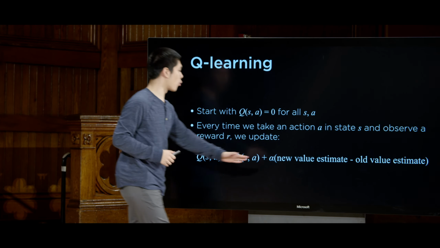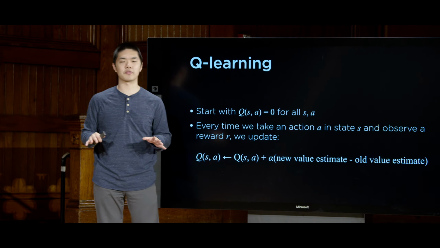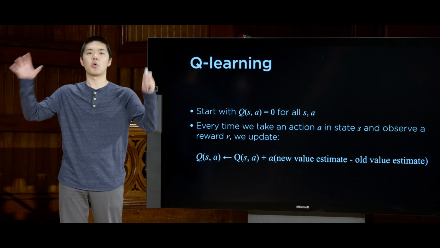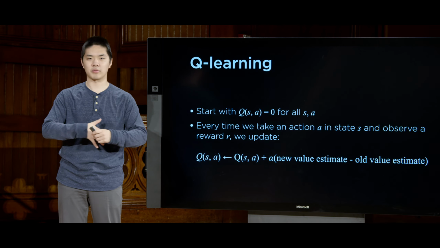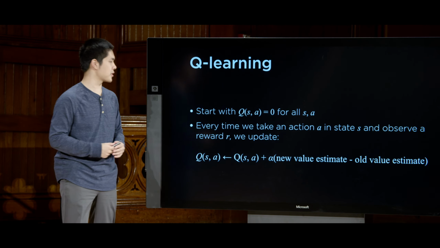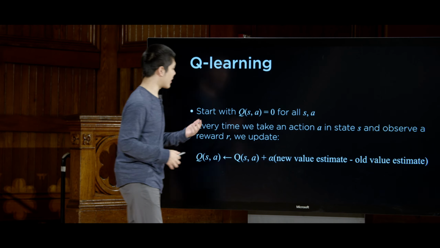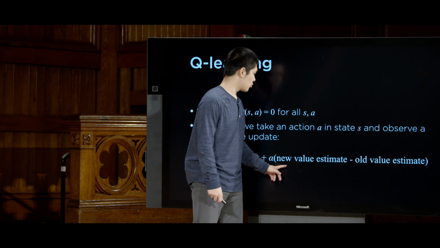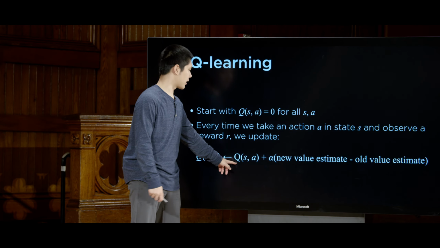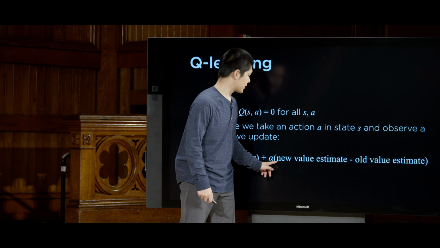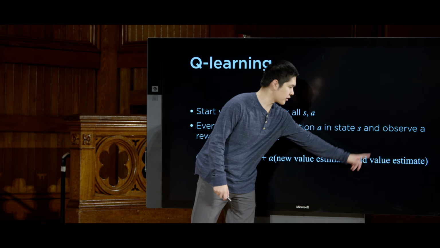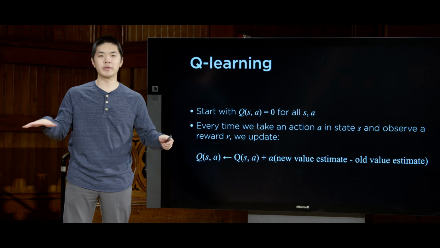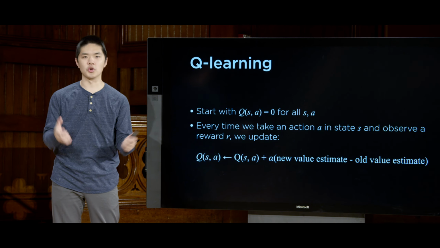An alpha value of 1 means we really value new information. If we have a new estimate, then it doesn't matter what our old estimate is. We're only going to consider our new estimate because we always just want to take into consideration our new information. So if you imagine alpha being 1, then we're taking the old value of Q(S, A) and then adding 1 times the new value minus the old value, and that just leaves us with the new value. So when alpha is 1, all we take into consideration is what our new estimate happens to be.